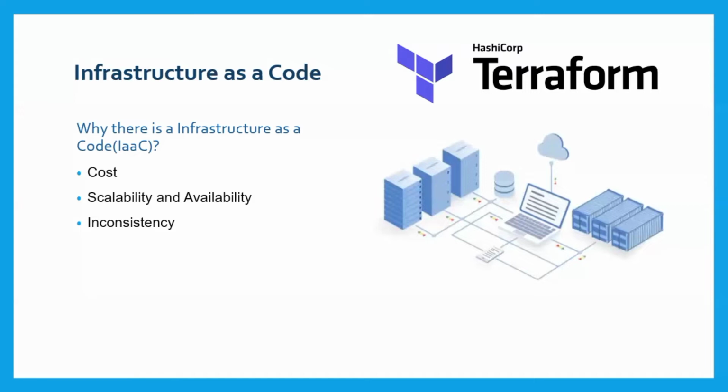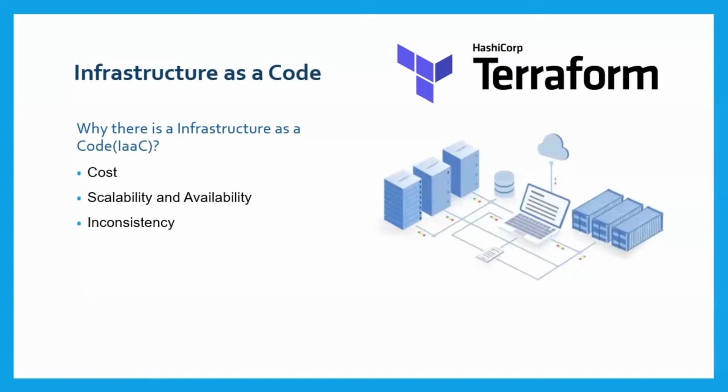Now you get this point. Let's suppose you have some application running on 1,000 servers, and all of a sudden the load increases and your 1,000 servers are not capable of supporting that load. So definitely there will be downtime.